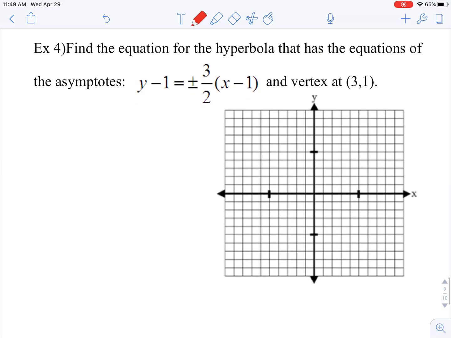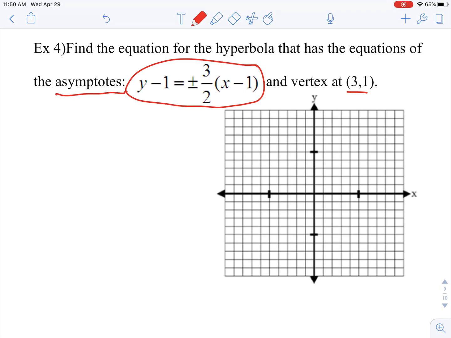Another quick example here. This one's a little different because of the information that you're given. I said find the equation for the hyperbola that has the asymptotes at this and a vertex at 3, 1. So let's think about what we know from these asymptotes.